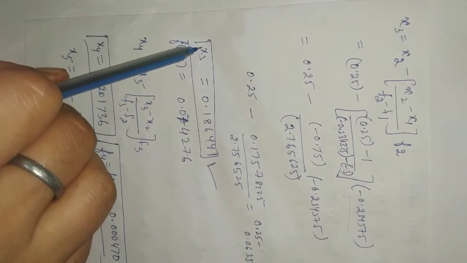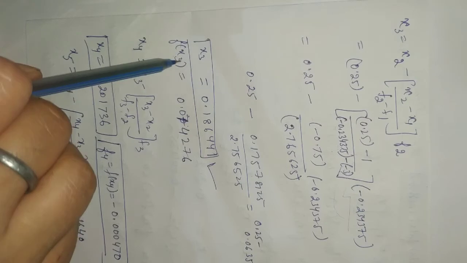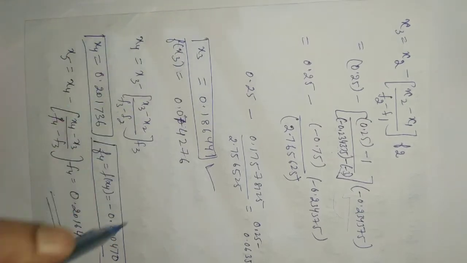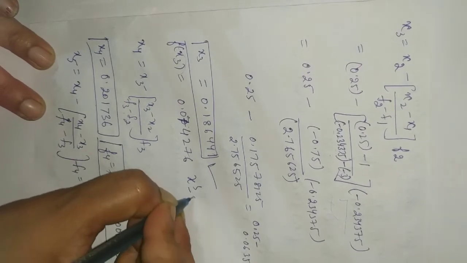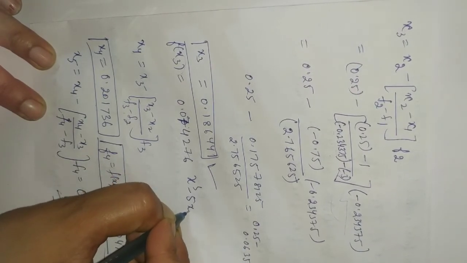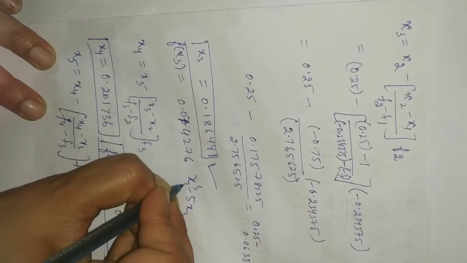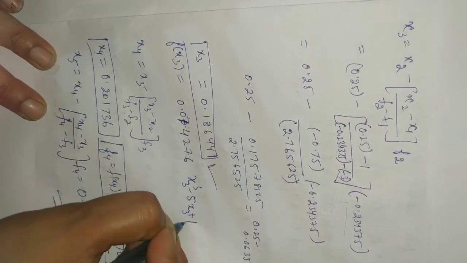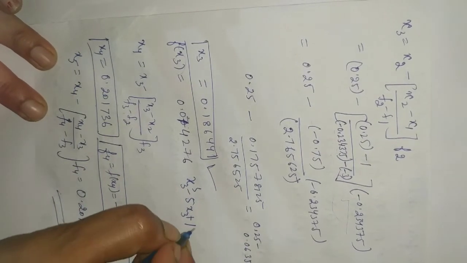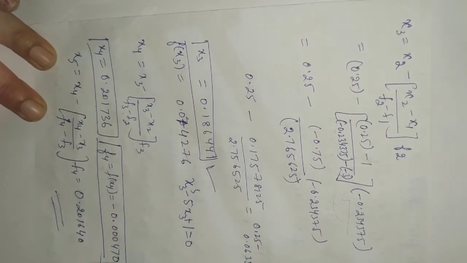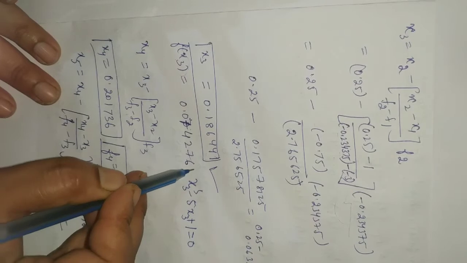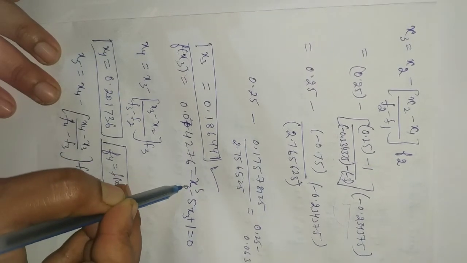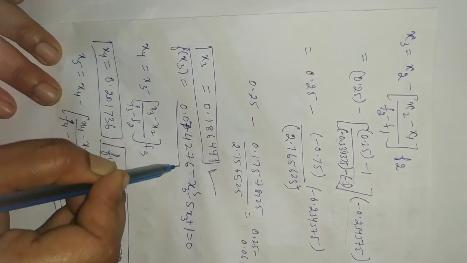Then we have to calculate the value of the function at x3 from the formula x3 cubed minus 5x3 plus 1. After calculating this for x3, we get this value.